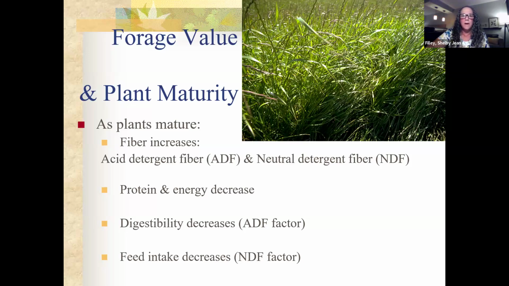As the fiber increases, the protein and energy decrease on a percentage basis. In the lab we look at acid detergent fiber, or ADF, and neutral detergent fiber, or NDF. ADF we know is related to digestibility, and NDF is related to the feed intake.